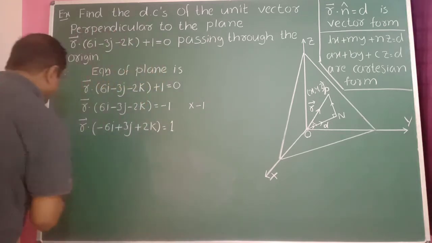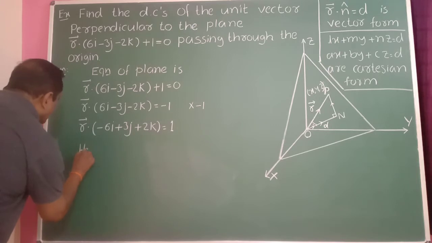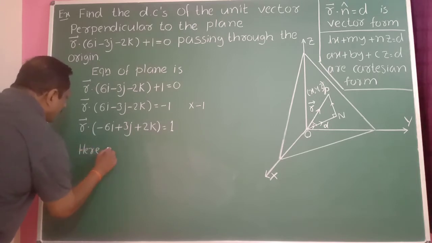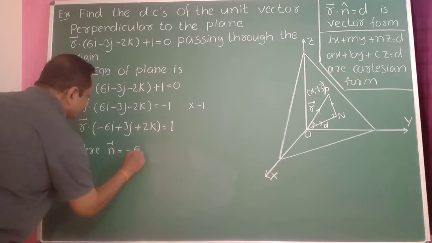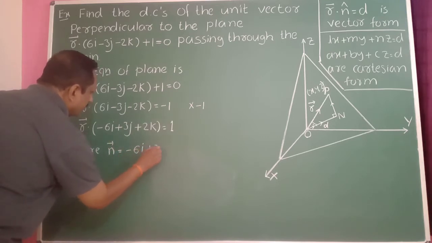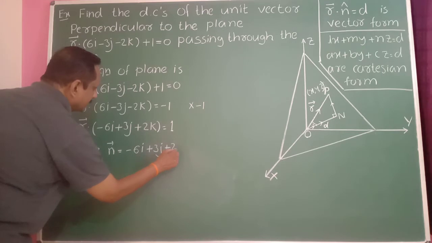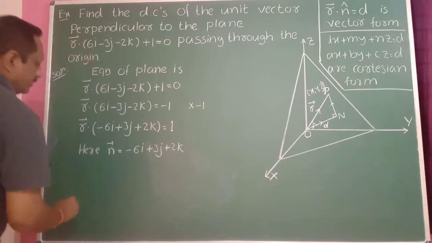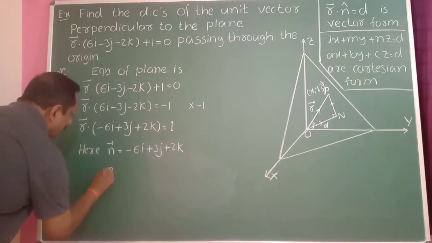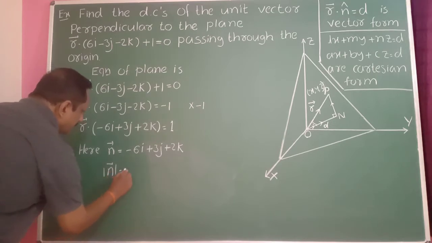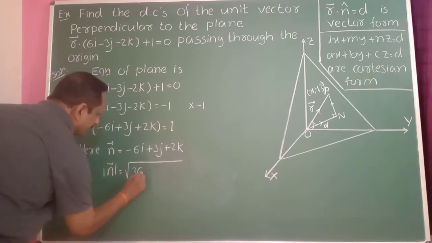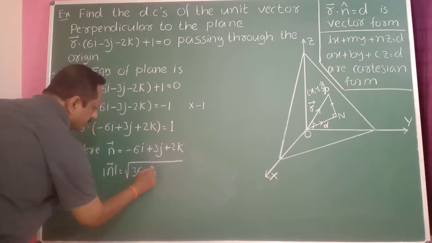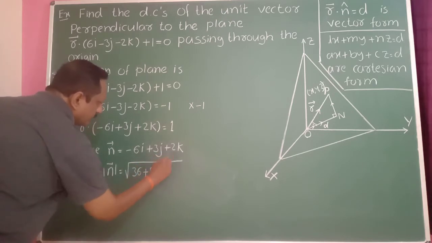Therefore n bar is equal to this vector, minus 6i plus 3j plus 2k. Then find its modulus. The modulus of n bar is the root of minus 6 square is 36, plus 3 square is 9, plus 2 square is 4.